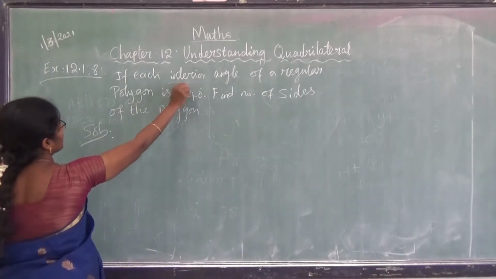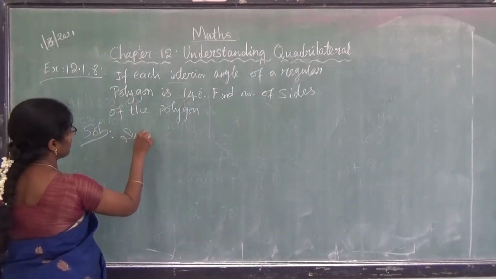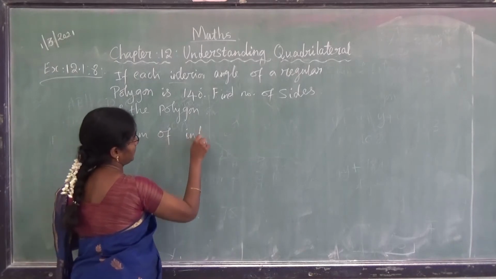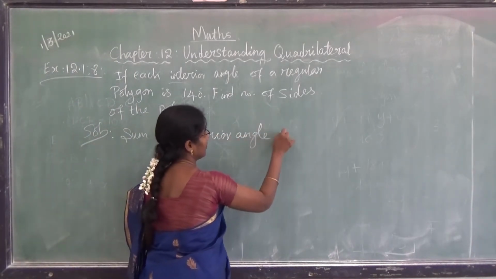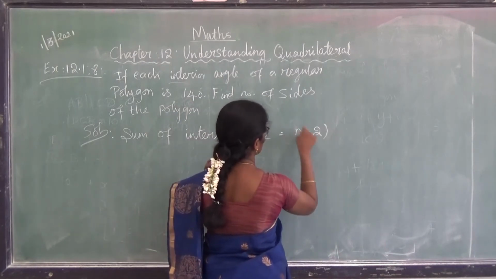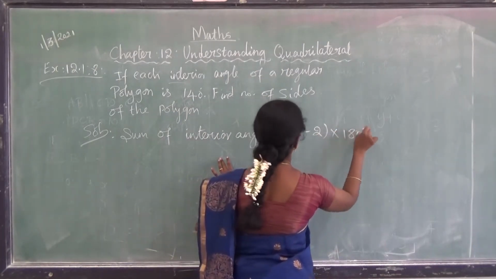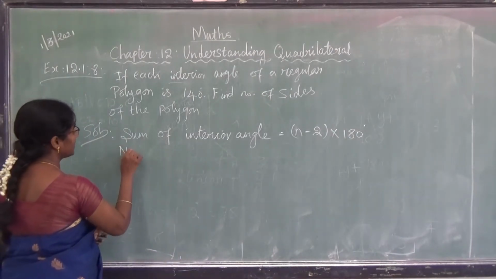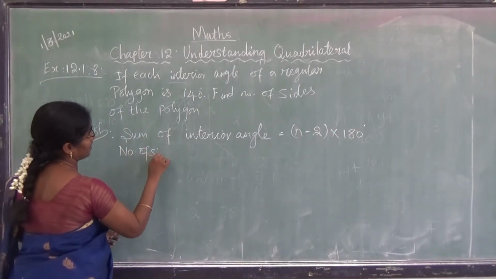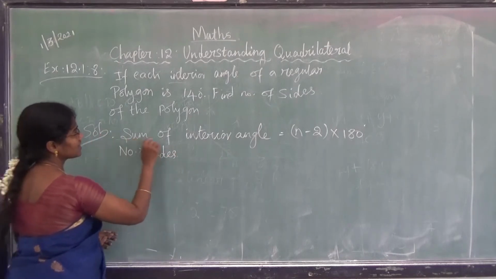So only the interior angle is given, so we are using that property. The sum of the interior angles of any polygon, study the formula, is n minus 2 into 180 degrees. How are we finding the sum of the interior angles?